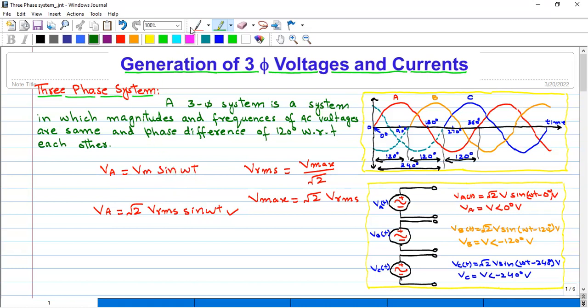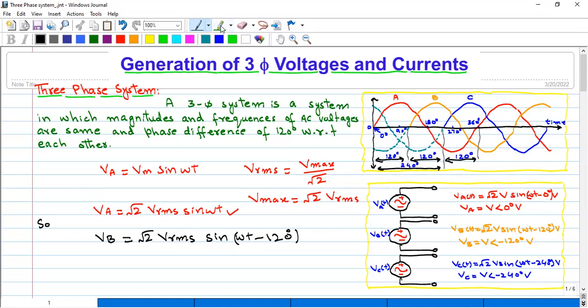And next, voltage VB will be lagging VA by 120 degree. So the phase B voltage is VB equal to under root 2 times Vrms sine omega t minus 120 degree.